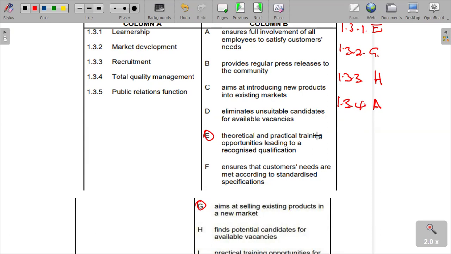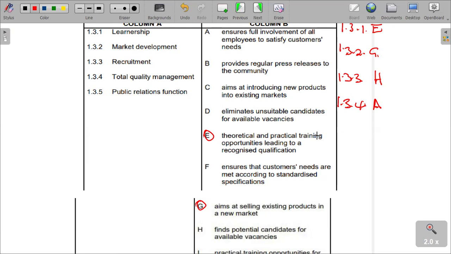1.3.5, public relations functions. What we mean, the public relations functions, it has to do with it provides regular press releases to the community. An organization has to express itself to its operating community. So the community must understand what the organization is actually doing, and also its expectations, as well as its fitness for purpose within the community that it is operating.